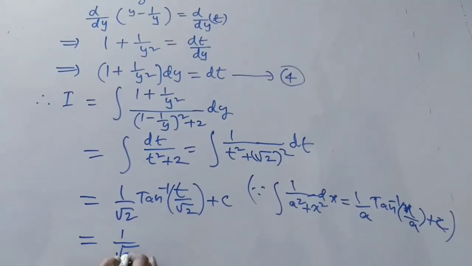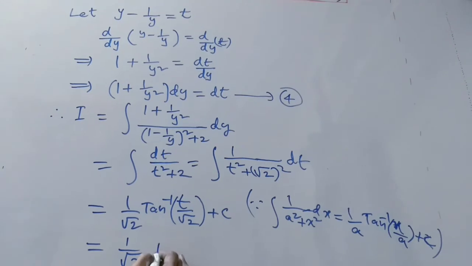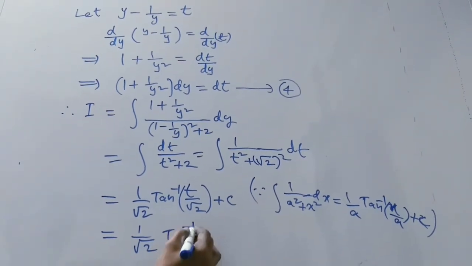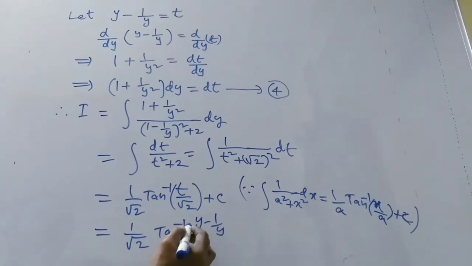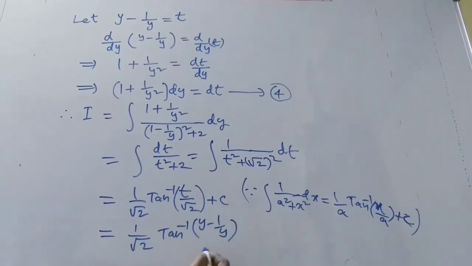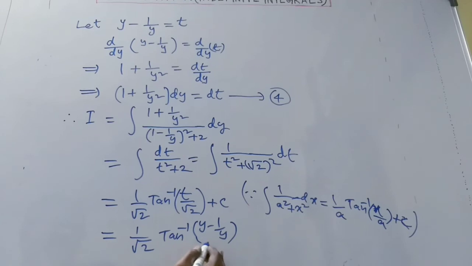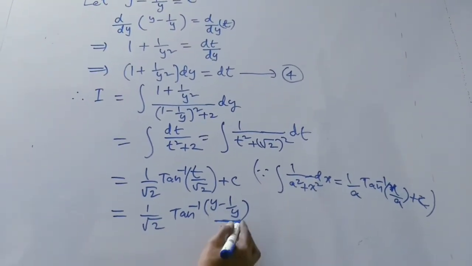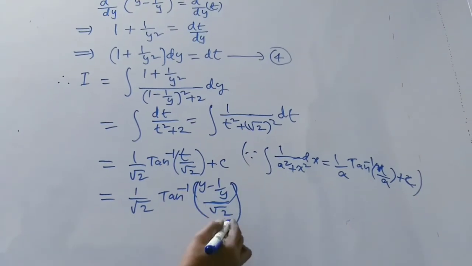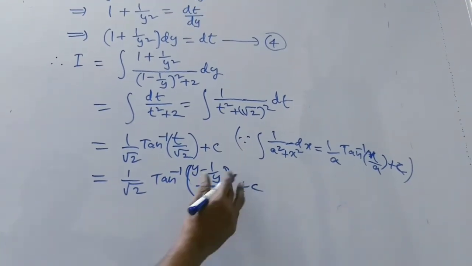So 1 by root 2 tan inverse of y minus 1 by y by root 2 plus c.